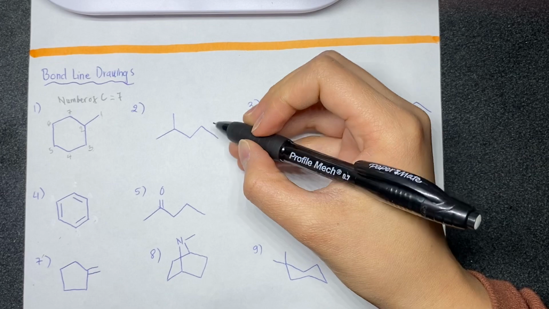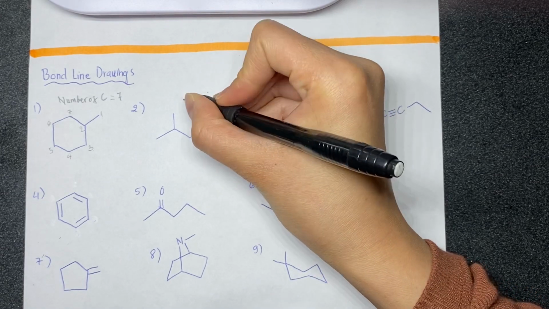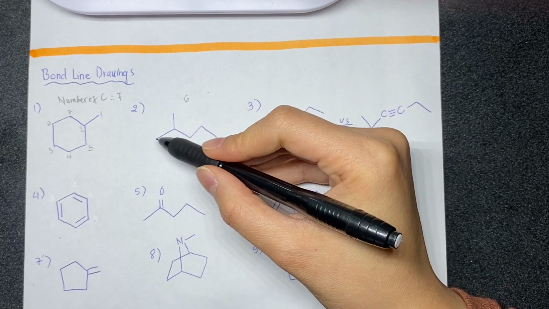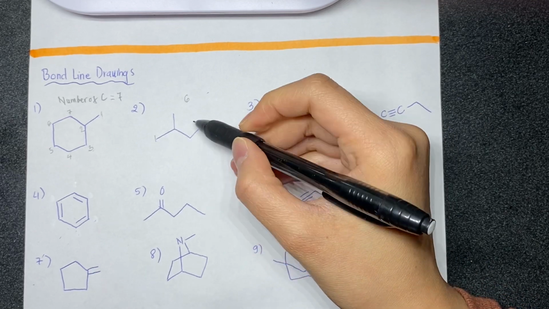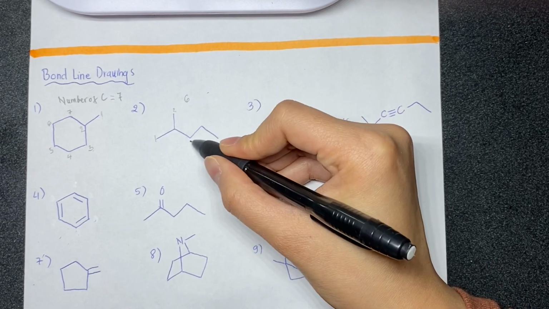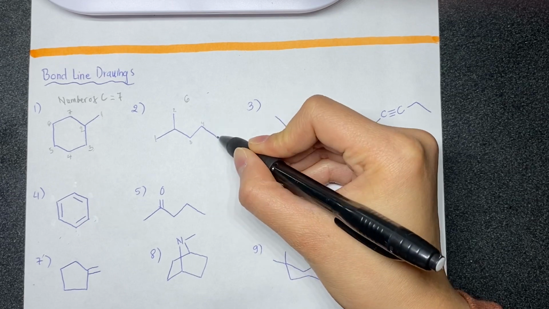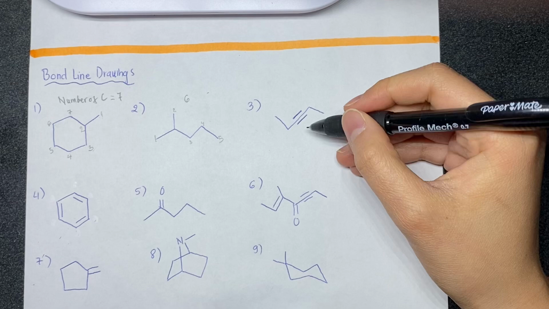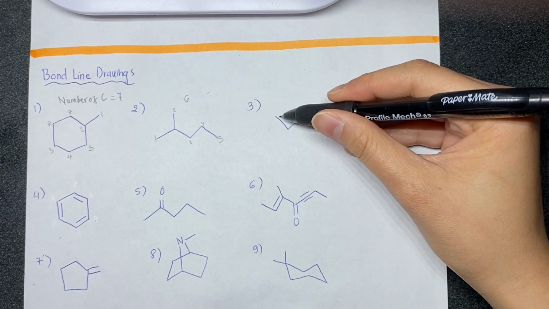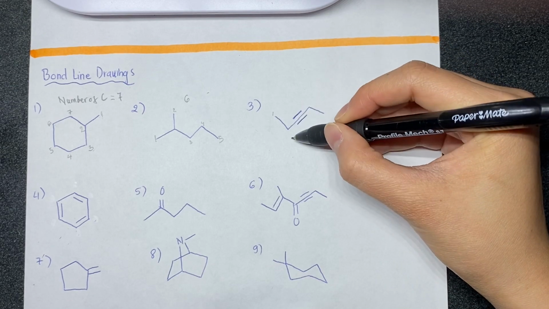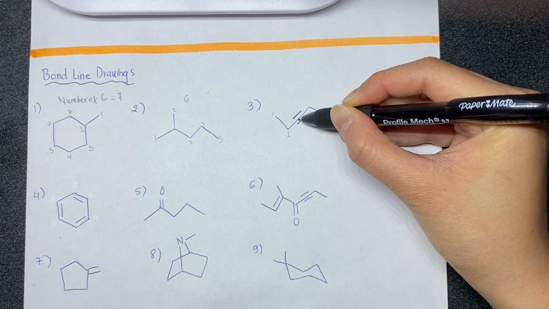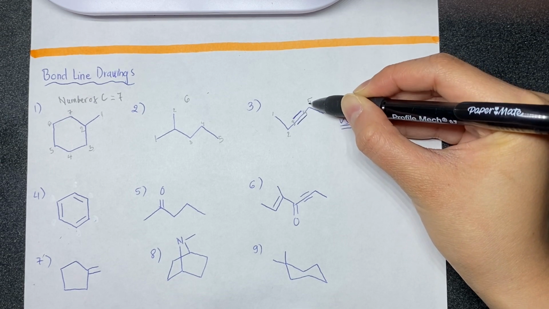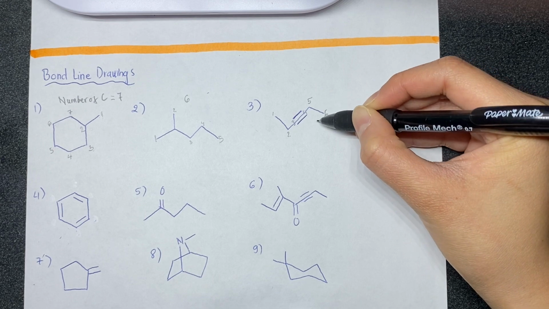So this one would have 6. Let me number it. 1, 2, 3, 4, 5. Again, you can start anywhere. And then here, we're going to count 1, 2, 3, 4, 5, 6.